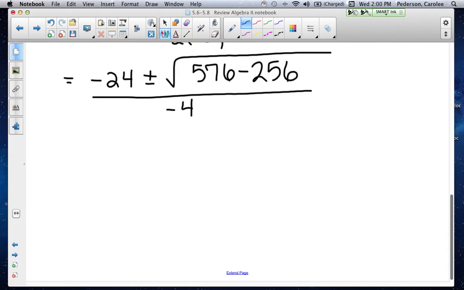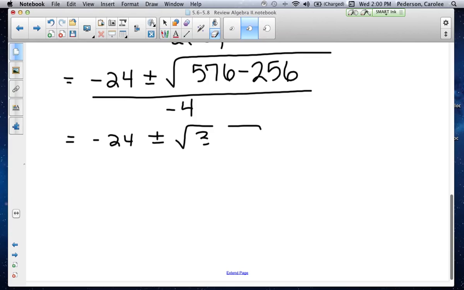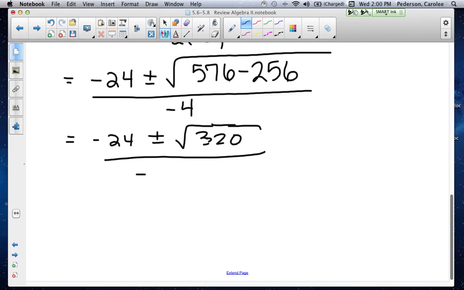Reduce the radical. But you got what? 320 over -4. So -24 plus or minus 17.9 over -4.